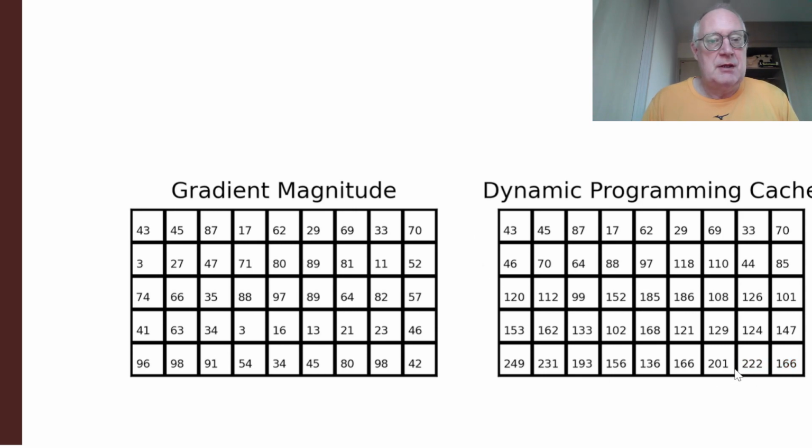So our table updated, and then we can go through 136 would be the minimum here. So 136, 121, 108, 44, 33 would be the path that is cut out.